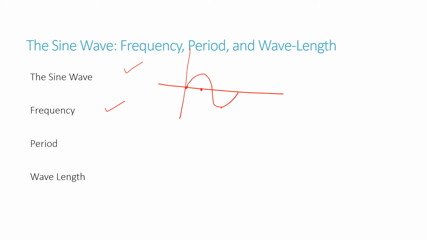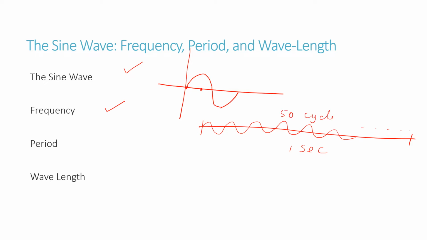So this means that if we were to sketch a graph over a period of 1 second, we would get 50 cycles in that second.